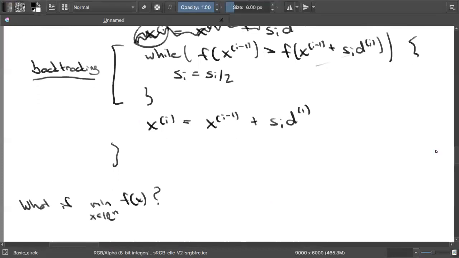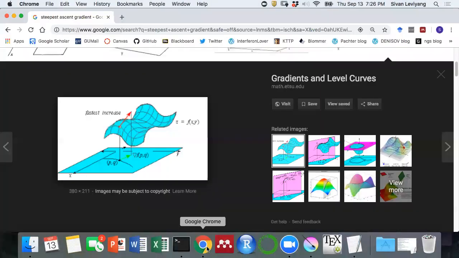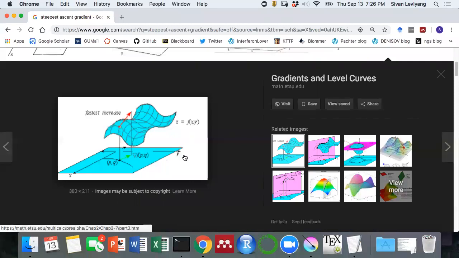Yeah, descent. So the gradient, this light green arrow, is the direction of steepest ascent, but if you walk in the negative gradient direction, exactly the opposite, that'll be the direction of steepest descent.